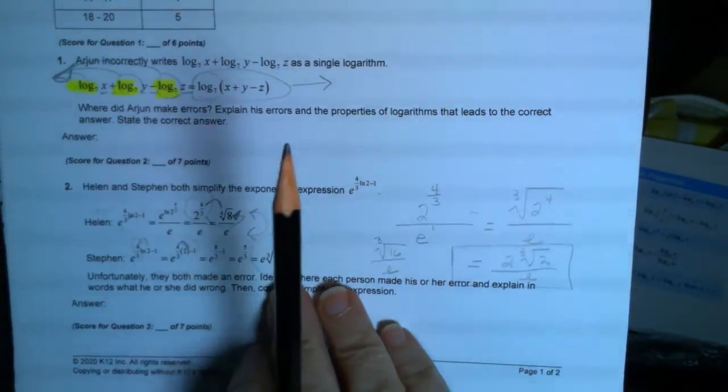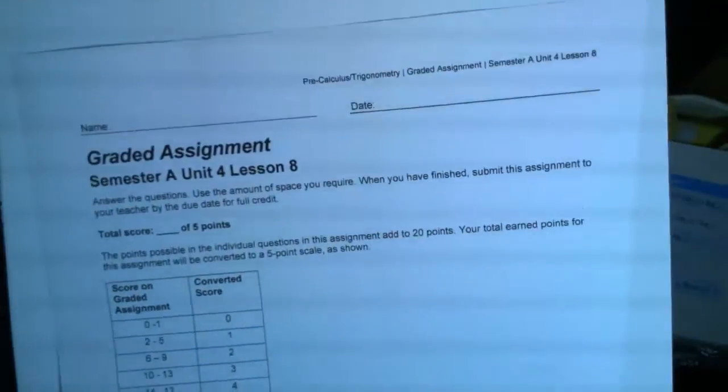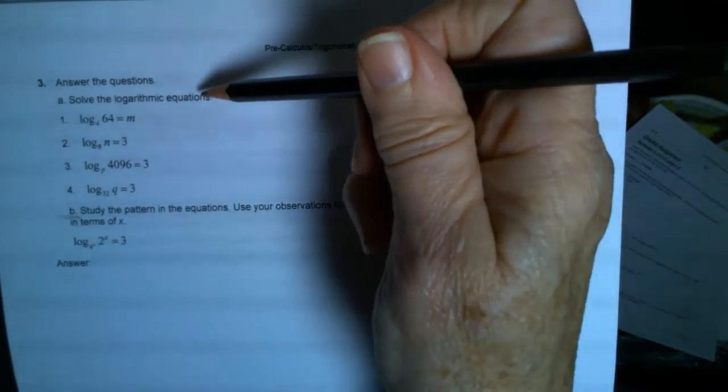All right, so let's go to the third question. There are several parts to this. It doesn't count anymore. It's just really giving you several questions to practice with and then apply it right here on part B. All right, so let's solve the logarithmic equations.